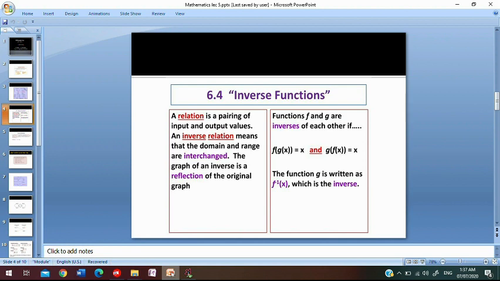Means if you have two functions, f and g, and when you find the inverse of these two functions, you will interchange their domain and range.